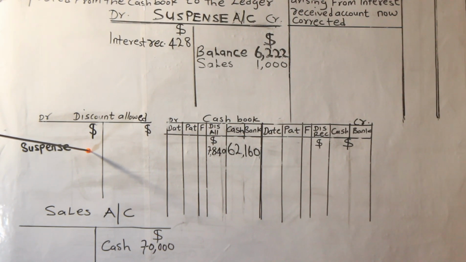Since no record has been previously made, when we open the discount allowed account, we raise a suspense account of 7,840. And with this, it means that the discount allowed account will be debited with 7,840, while the suspense account will be credited with 7,840. And our correction begins from there.